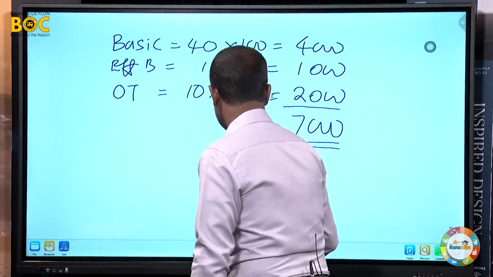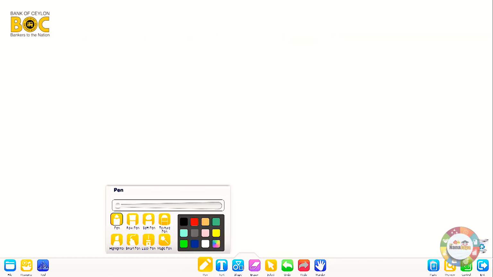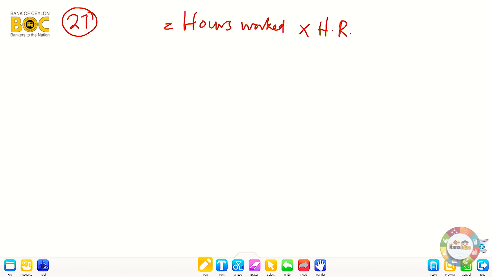In a flat time rate, how do you calculate your earning? Your earning equals number of hours worked into hourly rate.